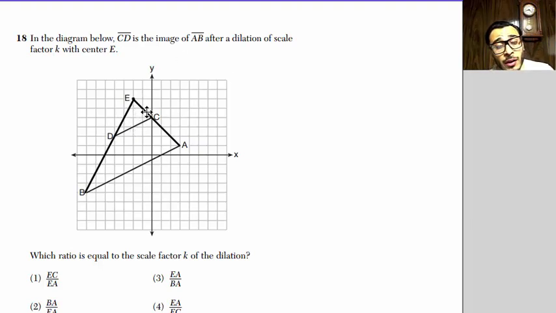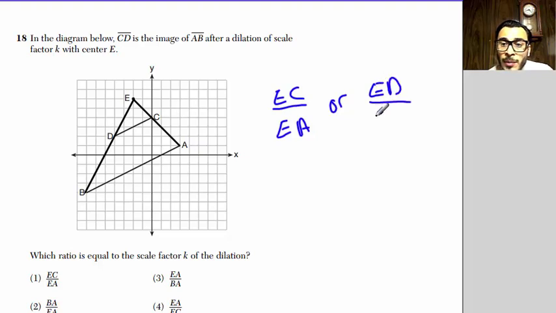One way to get the scale factor is to say EC over EA, right? So it's like you got the side EC over the big side EA. So that's one way to write the scale factor. Or you can similarly do ED over EB.